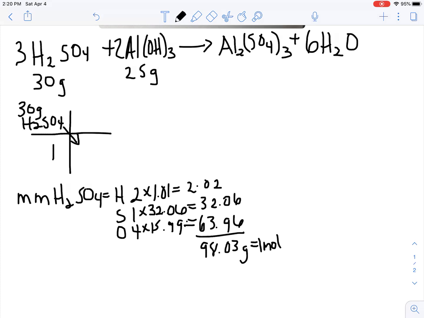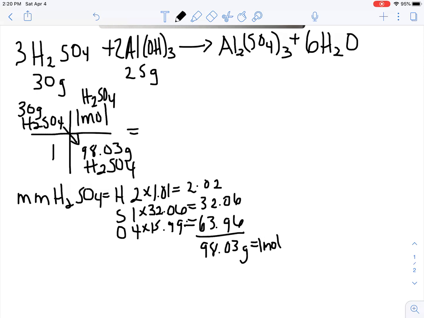Remember, grams needs to cancel grams. So 98.03 grams of H2SO4 equals 1 mole of H2SO4, and we have our first T-chart done.